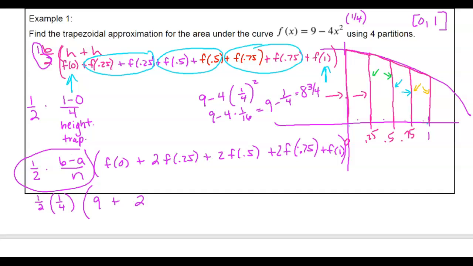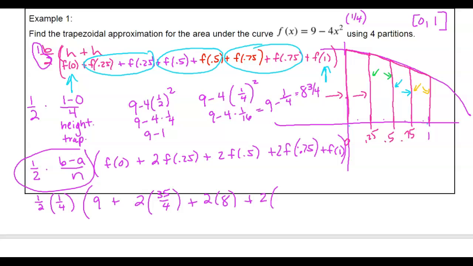And I always like to write it as an improper fraction, so 35/4. Double when I plug in a half. So 8.